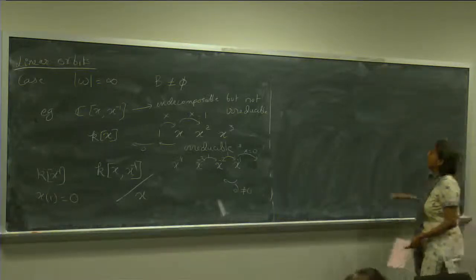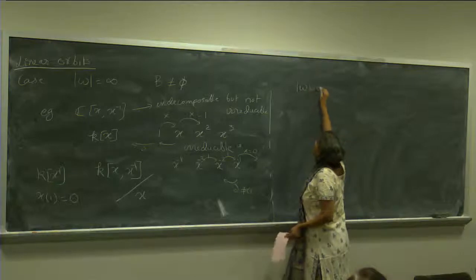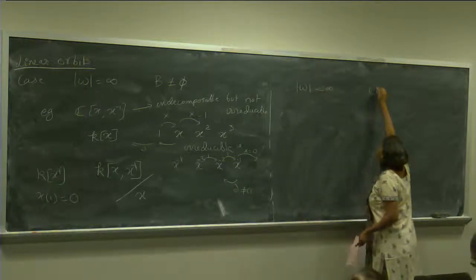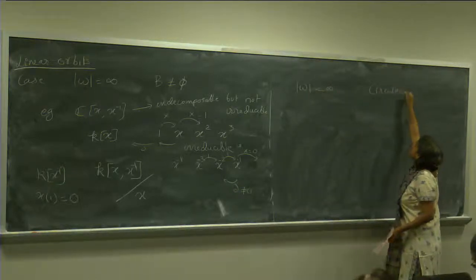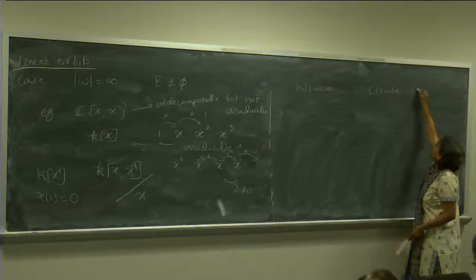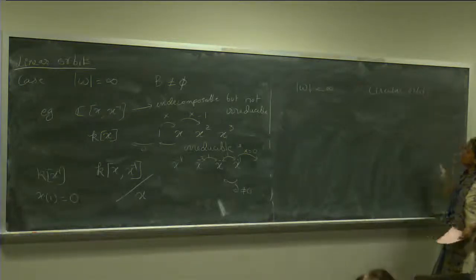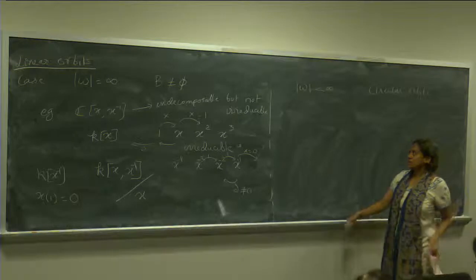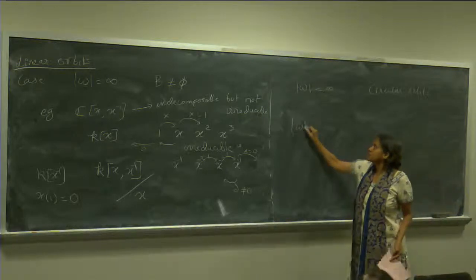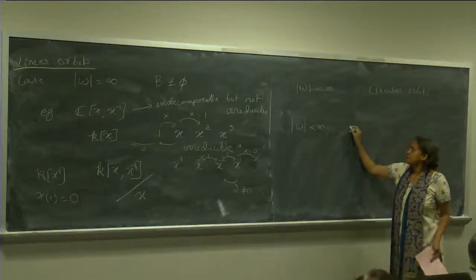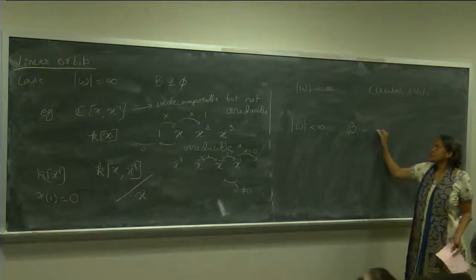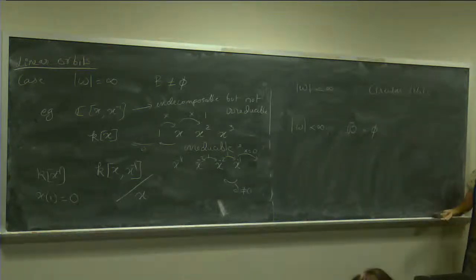Now, when the orbit is finite, these are called circular orbits. You again have two major cases. Orbit is finite, there's no break.